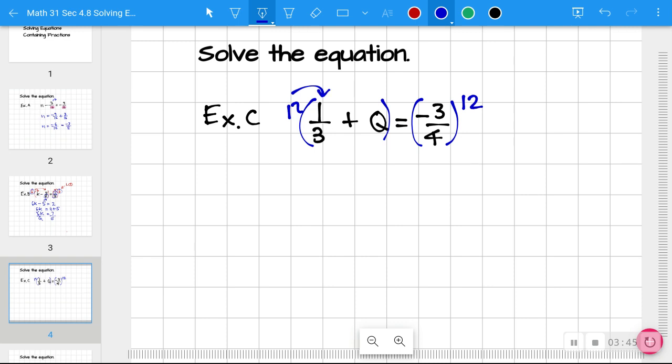Okay, 12 times 1/3, you can multiply across the top first and then divide by 3, but I usually suggest that you divide first. 12 divided by 3 is 4. 4 times 1 is 4. Then you have to distribute down here because of the plus sign, and that would be plus 12q.